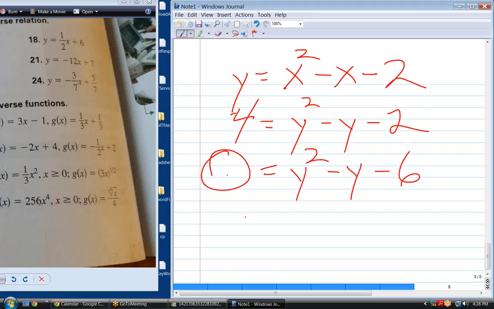I can solve it by factoring or using the quadratic formula. Well, let's say x is 5. I could subtract 5 from both sides and then solve it. So no matter what x is, it's okay to treat it as a constant because my answer is going to have x in it. So it's still a variable.